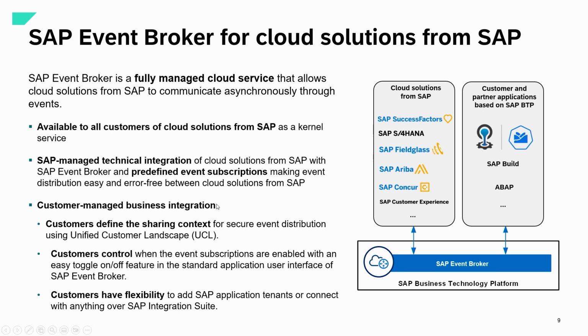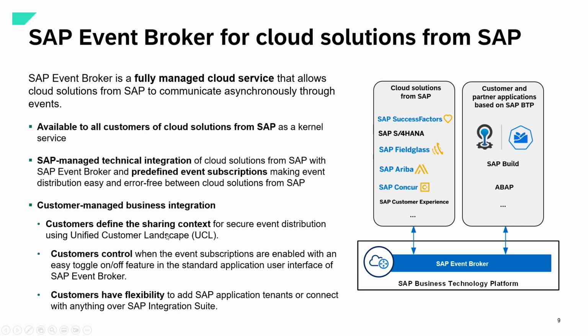And the only thing what you have to take care about is you have to check the customer managed business integration. And here we just use the unified customer landscape, the UCL. This is a screen where you can activate and deactivate your events.